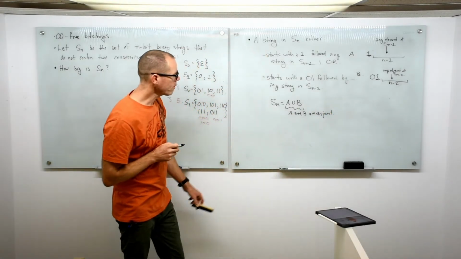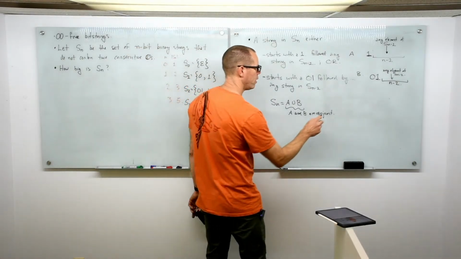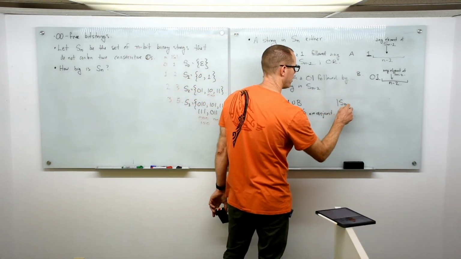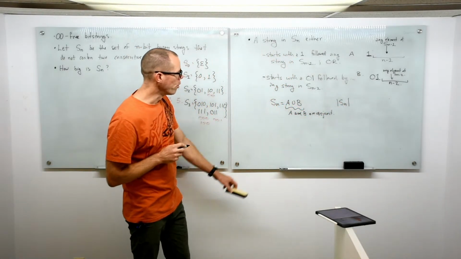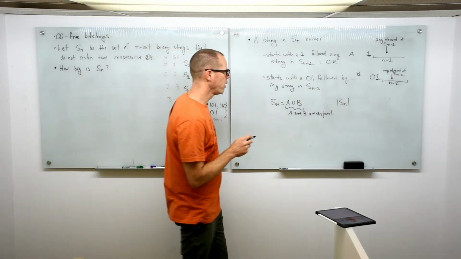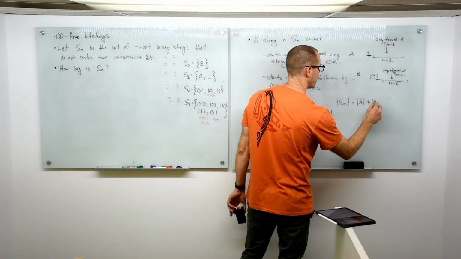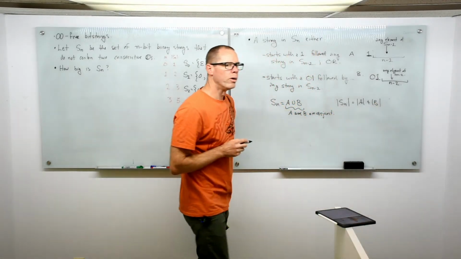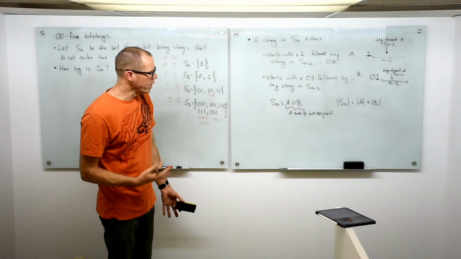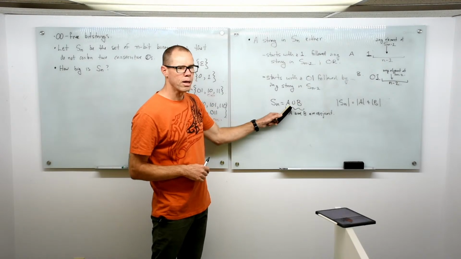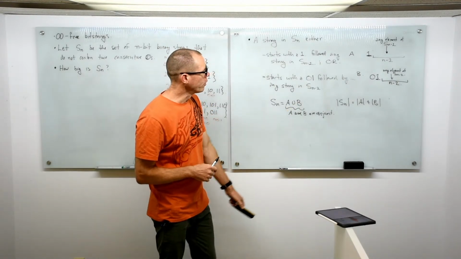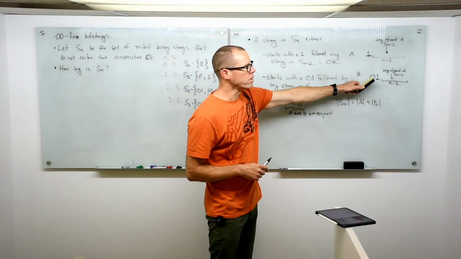Okay? So that means the size of Sn, we can use the sum rule because A and B are disjoint, is equal to the size of A plus the size of B. We don't have to worry about inclusion-exclusion exactly because A and B are disjoint. All the strings in A start with 1, all the strings in B start with 0.